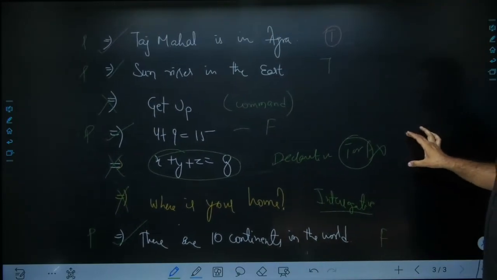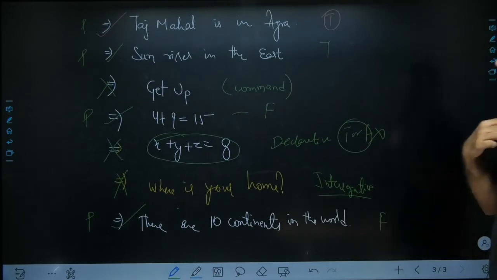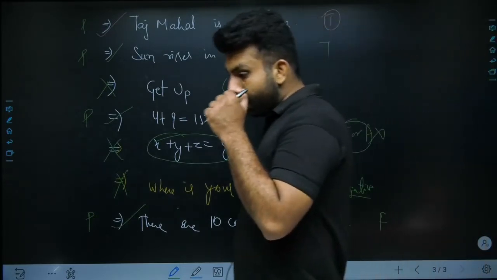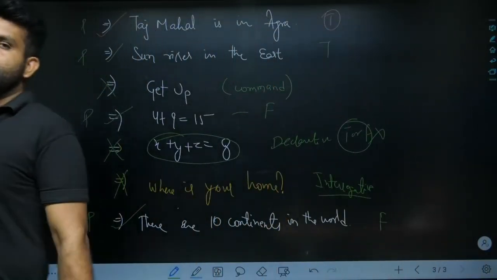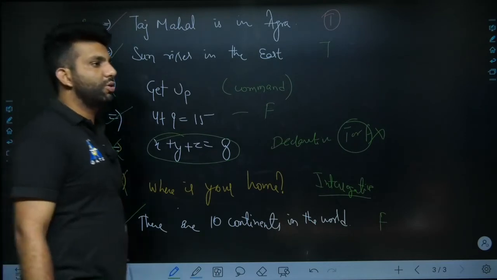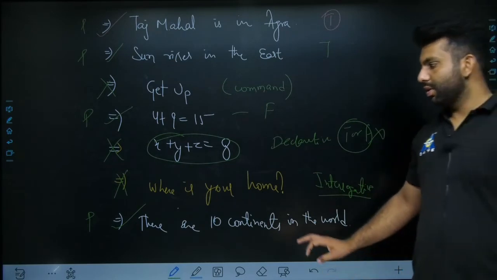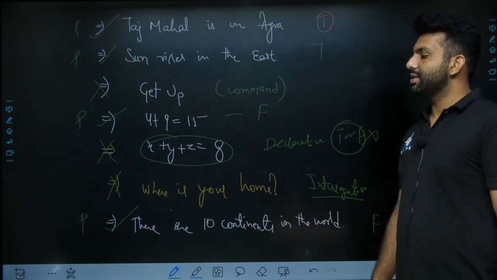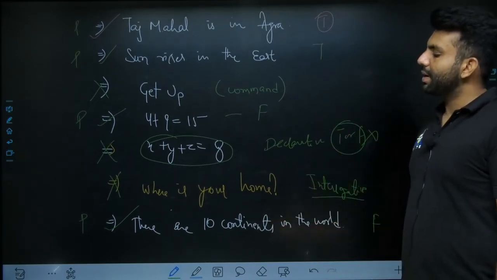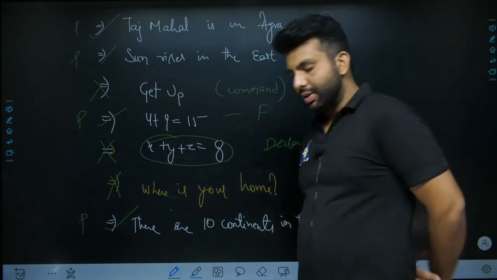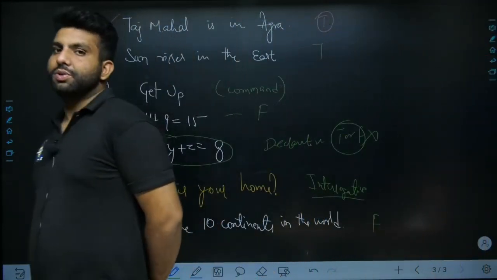Propositions are declarative statements which have either a true value or a false value. You need to understand that. Up to this point I guess everything is clear. Now step by step we'll move further.